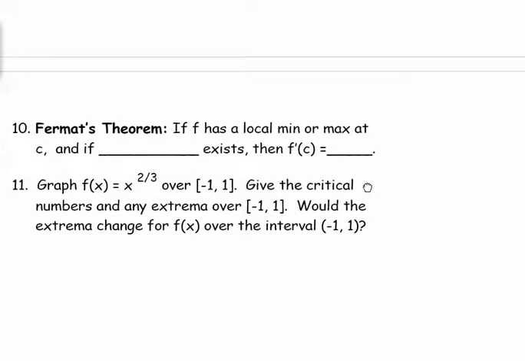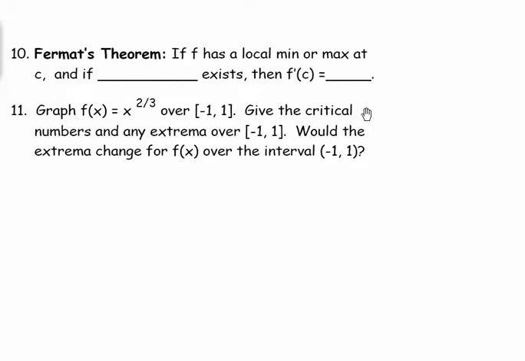All right, Fermat's theorem. If f has a local min or max at c, and what we mean by that is at x equals c, and if the first derivative exists, then it has to be 0.